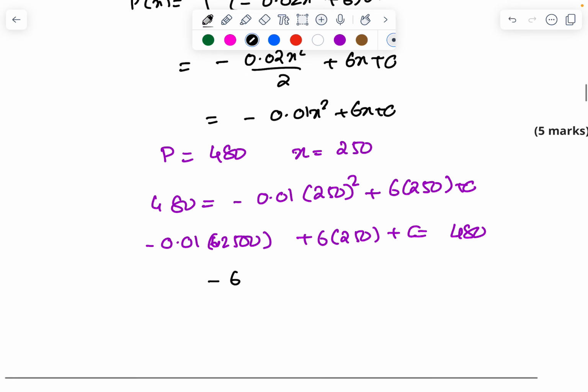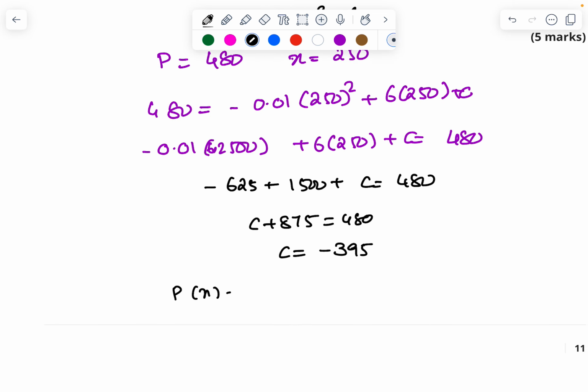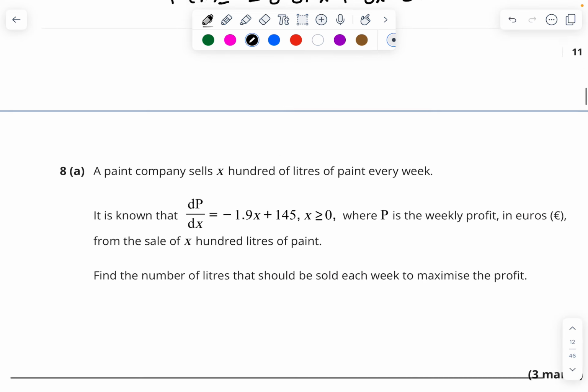So it becomes minus 625 plus 1500 plus C equals 480. So C plus 875 equals 480, C equals minus 395. So P of x equals minus 0.01 x squared plus 6x minus 395.